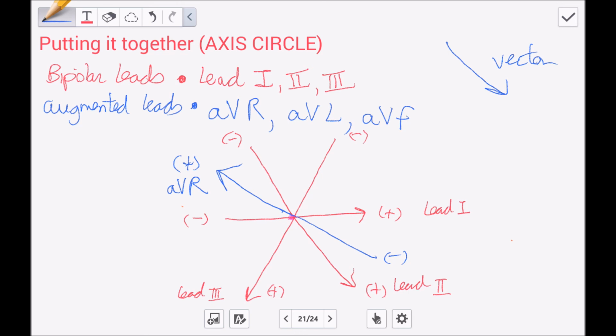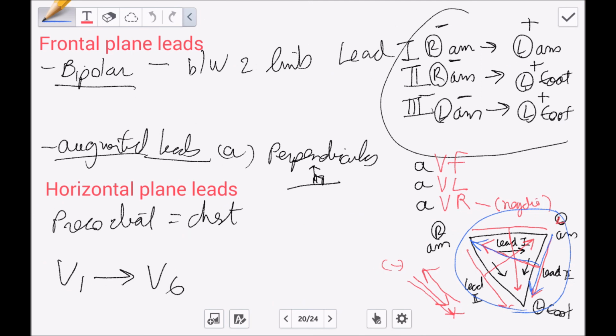Okay, we have AVR. AVL. AVL was pointing towards the left hand. So which lead was it perpendicular to? Well, it was perpendicular to lead 2, right? Lead 2 over here goes like this. Perpendicular goes like that. So it's pointing towards the left hand.